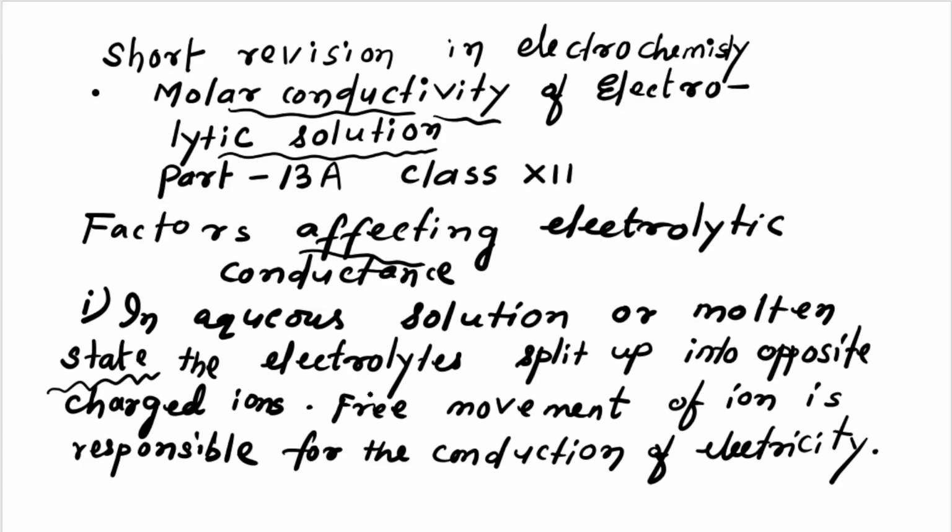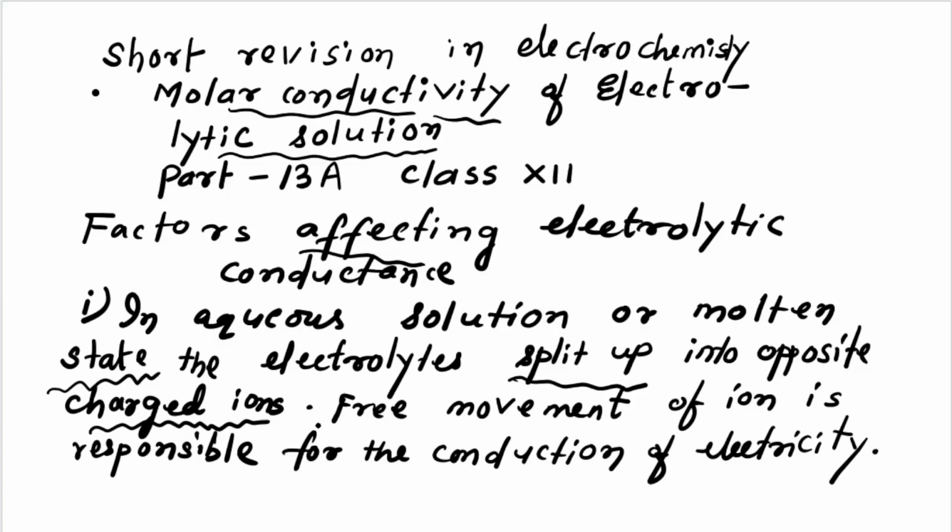That means the electrolyte splits up in water or in molten state into opposite ions. Let it be sodium chloride. What will you get? Na plus, Cl minus. That means opposite ions are splitting.